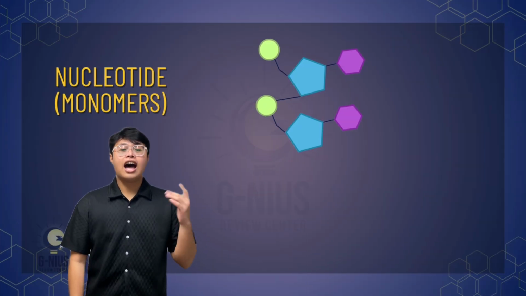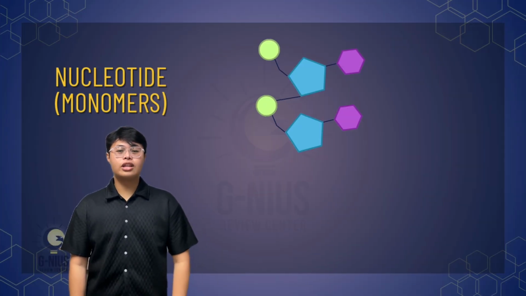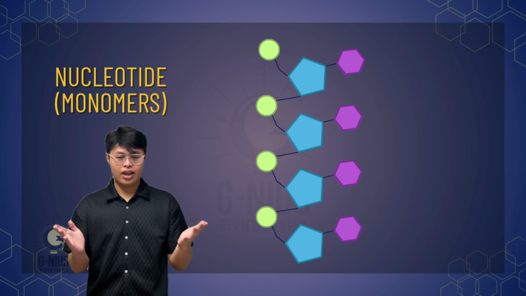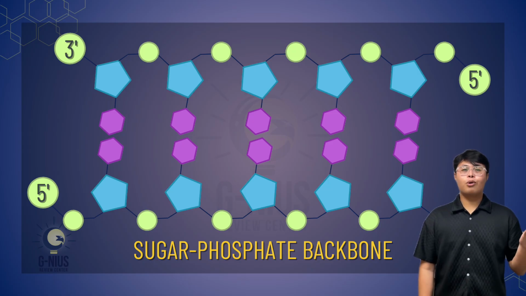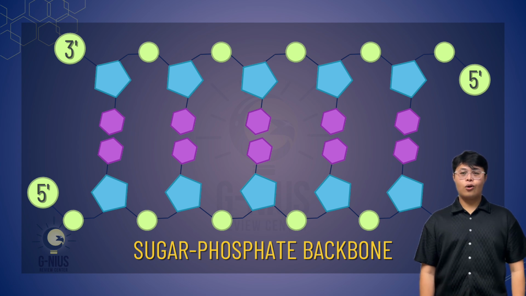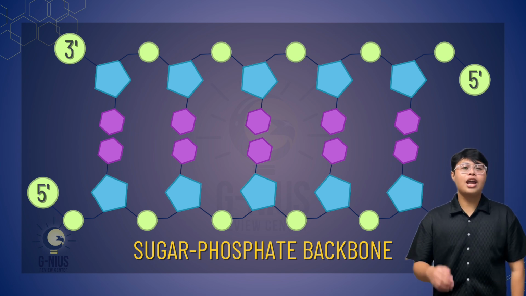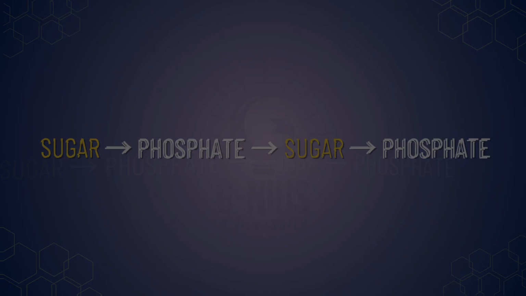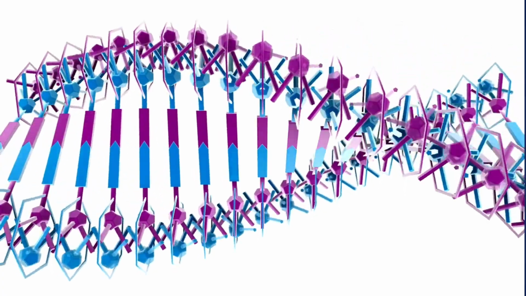These bonds act like the glue that holds the nucleotides together, forming the sugar-phosphate backbone of DNA and RNA strands. This backbone provides structure and stability, allowing the genetic code to be stored and passed on accurately. It is always sugar to phosphate, creating a stable, repeating structure.